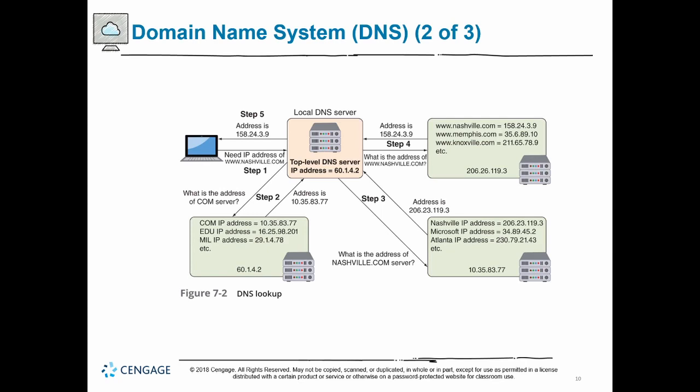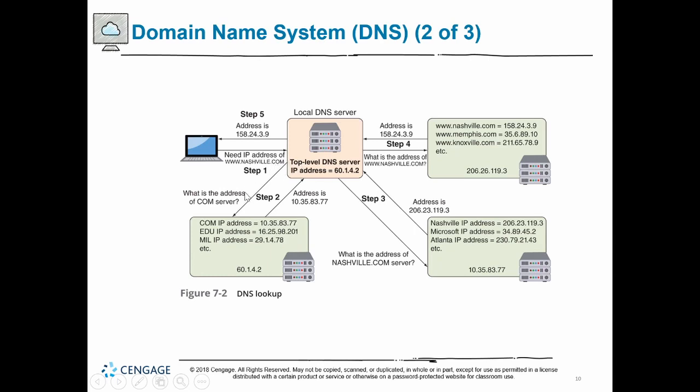With each dot, we call that a subdomain, and then if there's a / at the end of the root domain, then that's a subdirectory. So as we can see here, if we have www.nashville.com, we want to know what IP address this is so we can actually go to it, right? The root domain is .com, right?